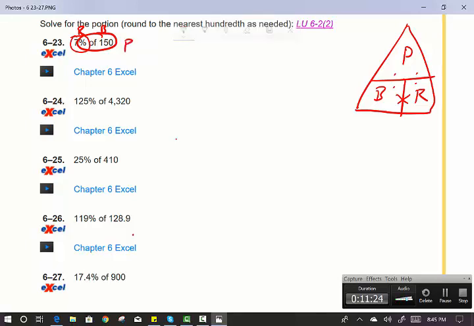So the part is equal to base times rate. Look at your symbol over here on the right. If you cover up the part, then it's base times rate. So it's 150 times 0.07. And that will equal 10.5.